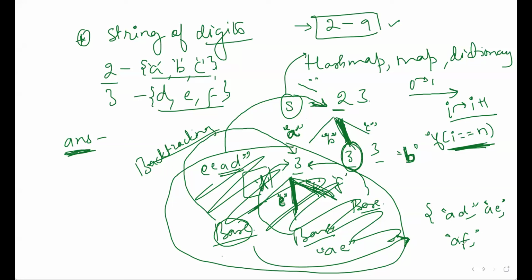Now, whatever we have seen here, we have to write in terms of a recursive function. What my recursive function is doing is finding all combinations. So you can have a name like finding all combinations.